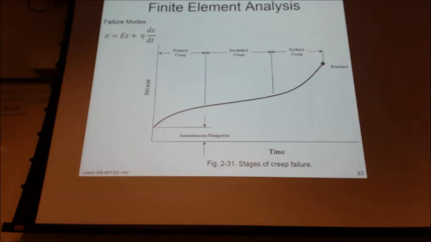The instantaneous elongation is normal deformation under applied load. Primary creep is the strain hardening. Secondary creep is the minimum creep rate and the longest time duration on the curve. And tertiary creep is when the material begins to neck and create voids and then ultimately fails.